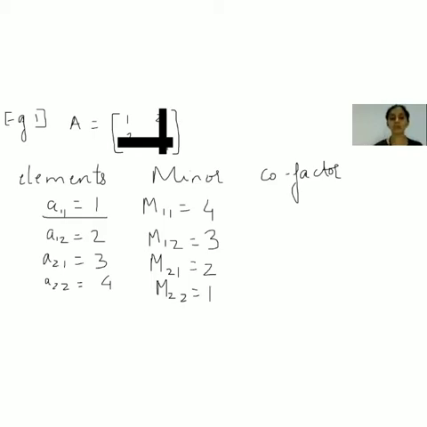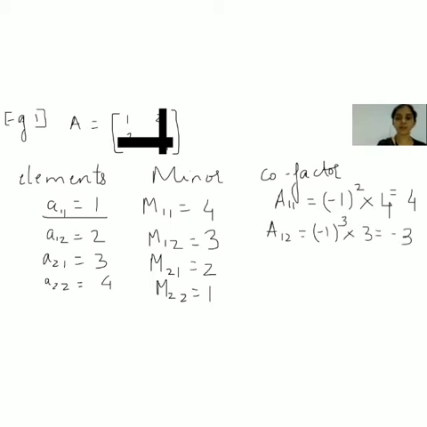Now, how do we find the cofactor? So cofactor A11 is equal to minus 1 raised to i plus j, that is 2, multiplied by its minor, so 4. Okay. Answer is 4. A12 is equal to minus 1 raised to 2 plus 1, that is 3, multiplied by 3, answer is minus 3.